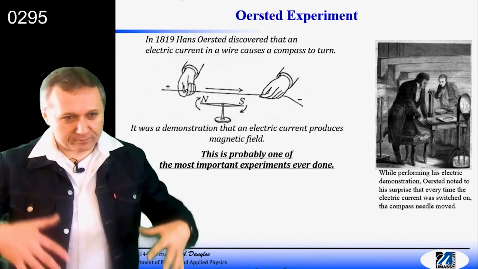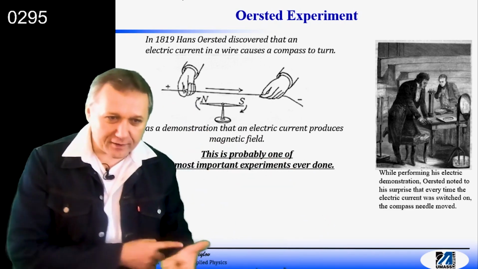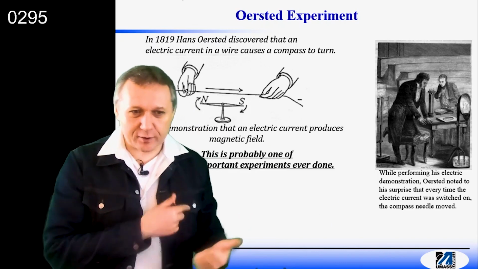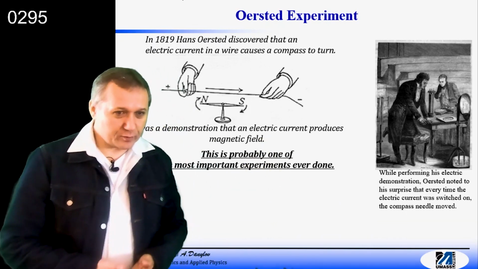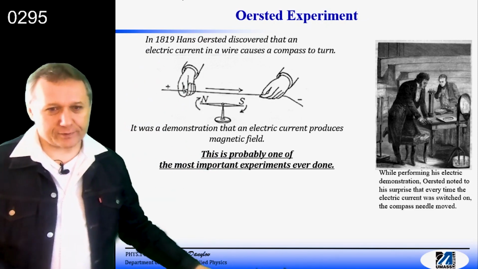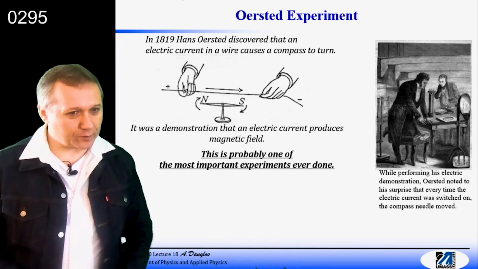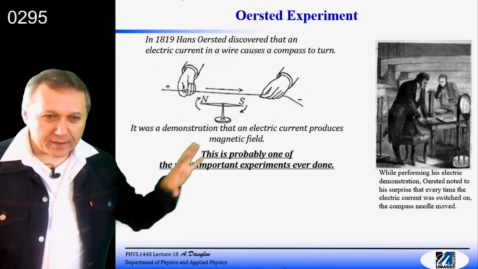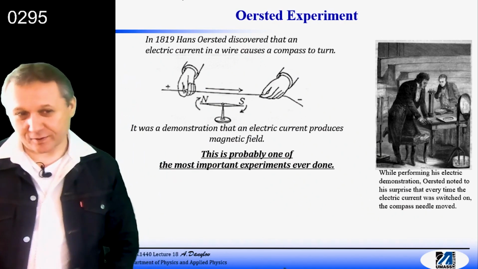Tons of bright minds dived into that, like Ampere, Faraday, then later on Maxwell, and so on. They discovered tons of important stuff, which we use now and which sounds trivial for us. And this simple experiment triggered all that. So I felt like the importance of this Oersted experiment should be mentioned.